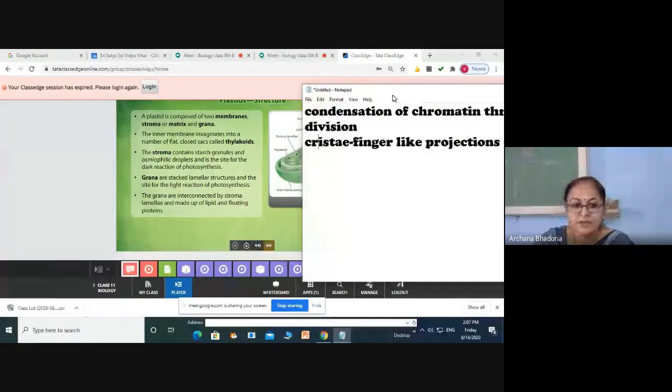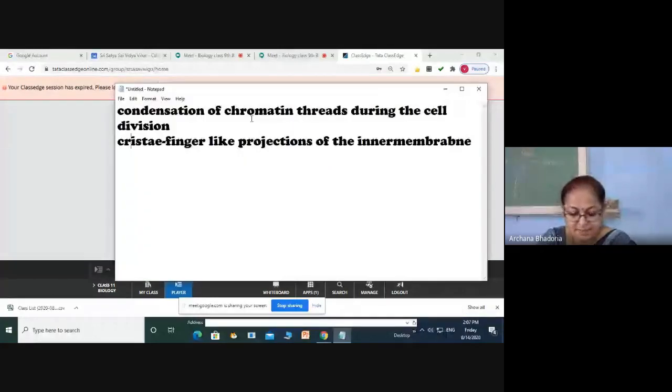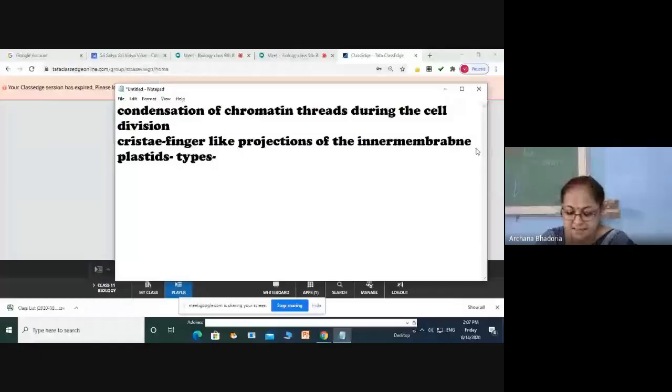You can write down the plastids. So what are the types of the plastids? Number one, leucoplast.